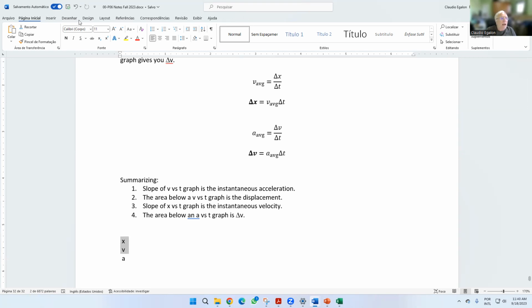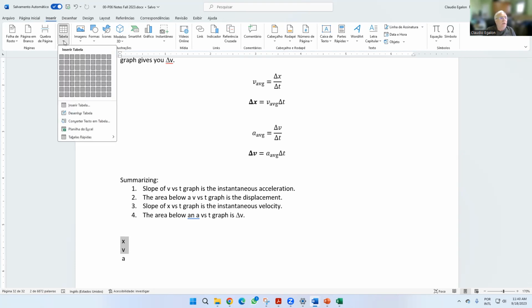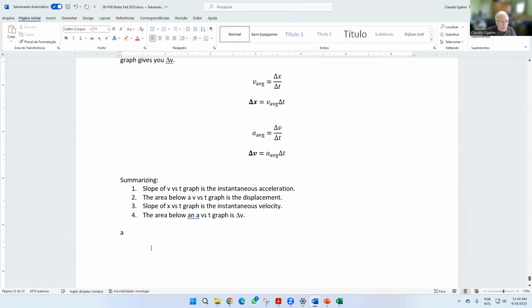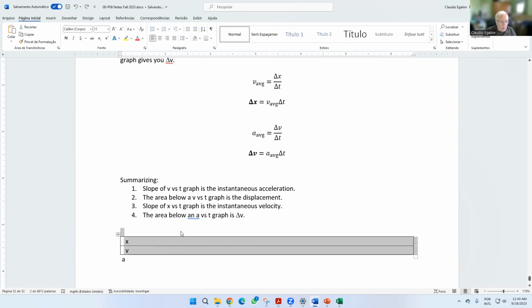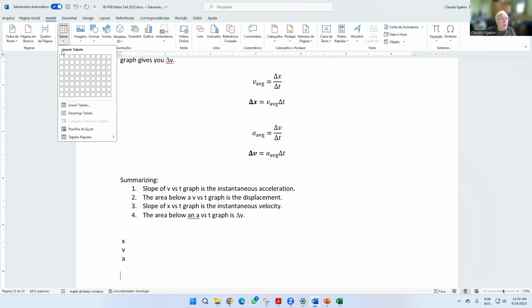Let's put a table here. Let's see, X versus T. Good. Slope, area.